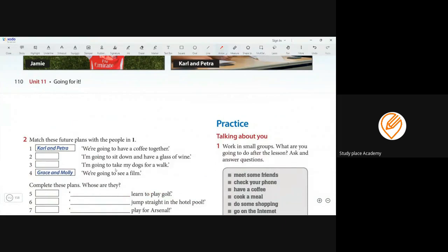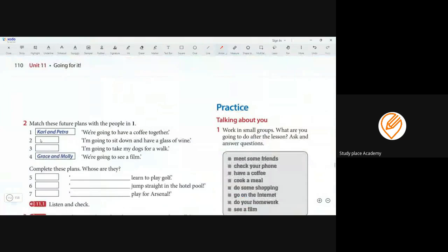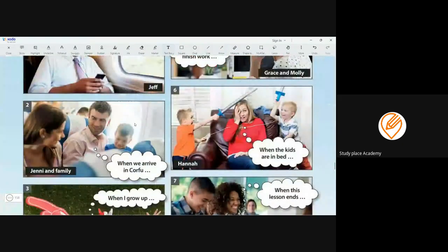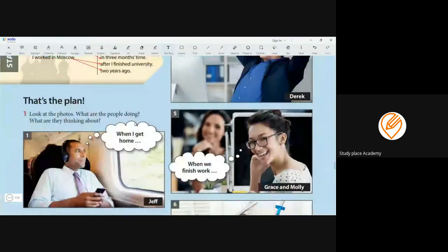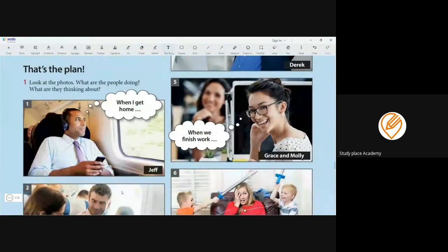Okay, I think, yeah, Hannah, because of her children, she needs that. So number two is Hannah. Number three, I'm going to take my dogs for a walk. I don't think he will retire just because he wants to take his dogs for a walk. So I think he's Jeff. So Jeff, number three.